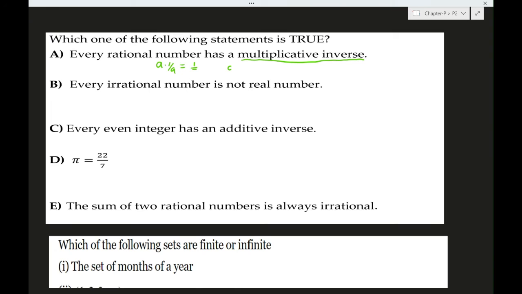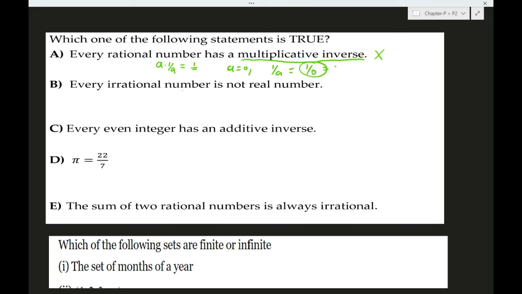But if you take A to be 0, the reciprocal 1 over A is going to be 1 over 0. So this is undefined. We know that 0 is a rational number, but it doesn't have a multiplicative inverse. So this is not true.